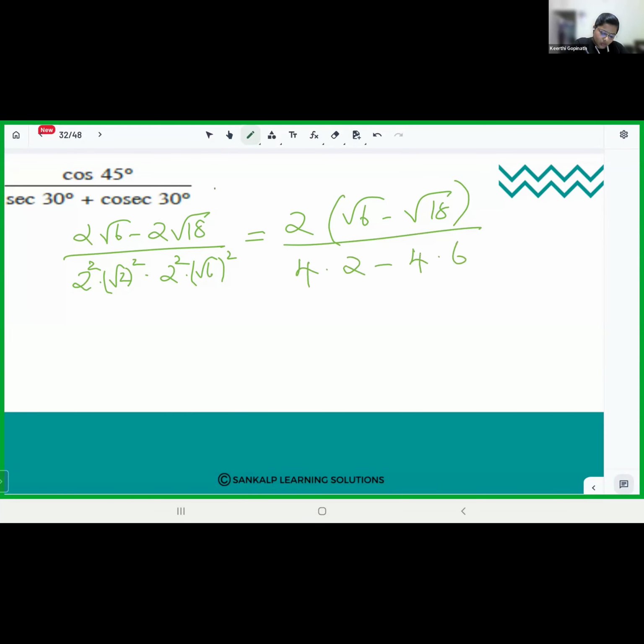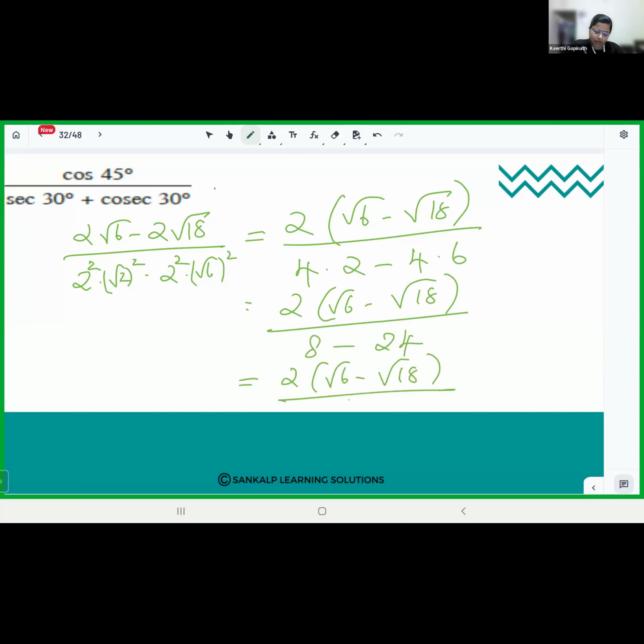That is 2 into root 6 minus root 18 divided by 8 minus 24. Right. So this will become 2 into root 6 minus root 18 by 16 minus 60. All right. Is that clear to you?